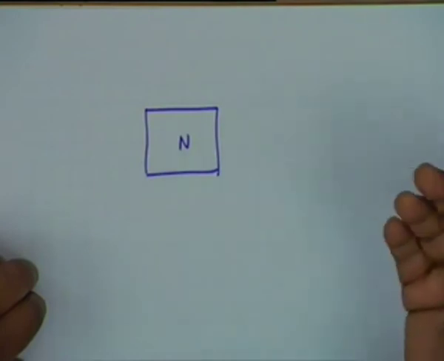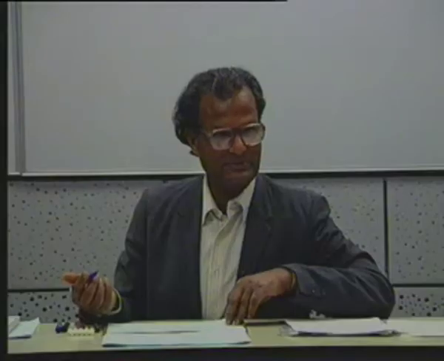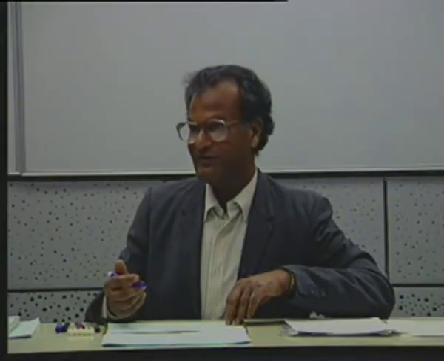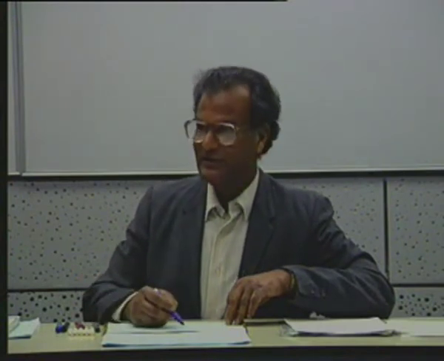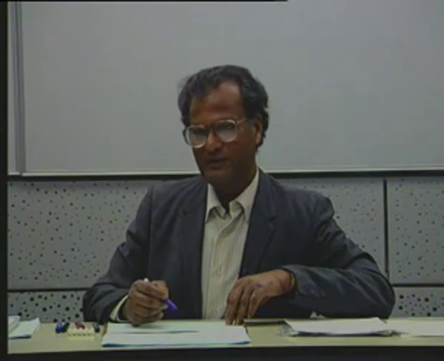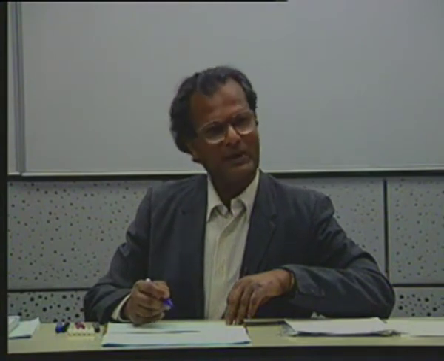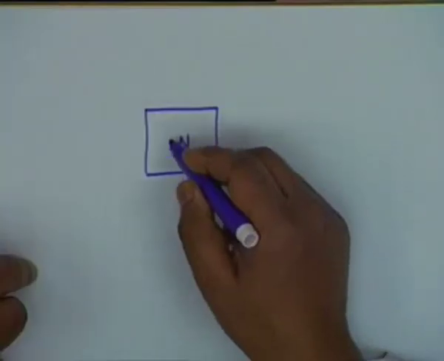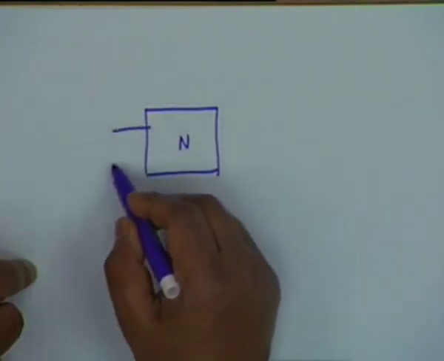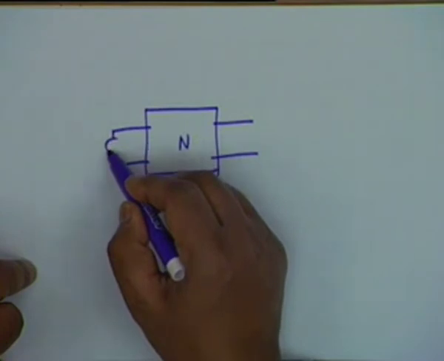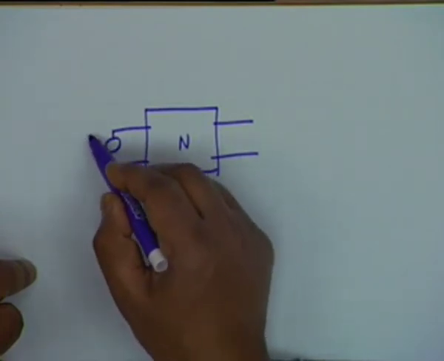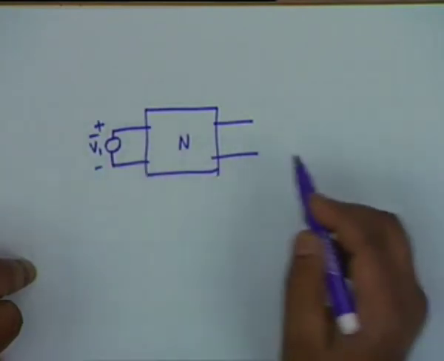Any network which obeys the reciprocity theorem is called a reciprocal network, but then you cannot define the reciprocity theorem in terms of a reciprocal network. So, you say N contains only linear and bilateral elements. It is a two-port network, and therefore, if you apply a voltage source, I am going to ask you a question now.